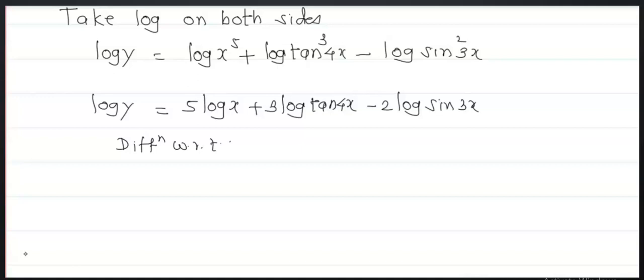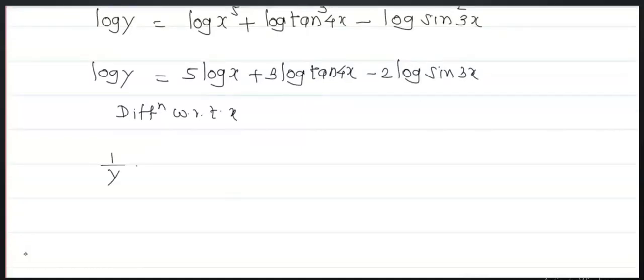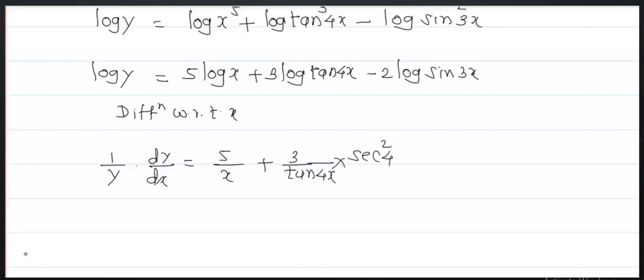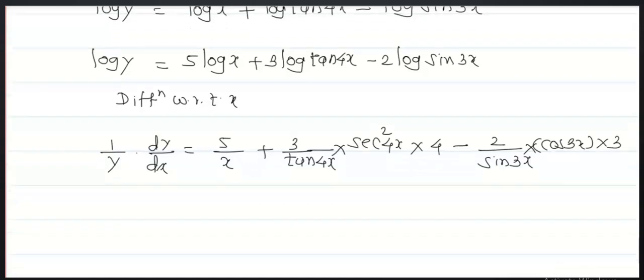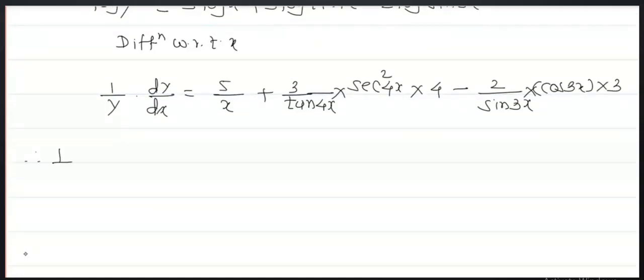That is 1 upon y into dy by dx. Derivative of log x is 5 upon x. That is a 3, 1 upon tan of 4x into derivative of tan of 4x is sec square 4x into d/dx of 4x is 4, minus 2 into 1 upon sin of 3x into derivative of sin of 3x is cos of 3x into d/dx of 3x is 3.